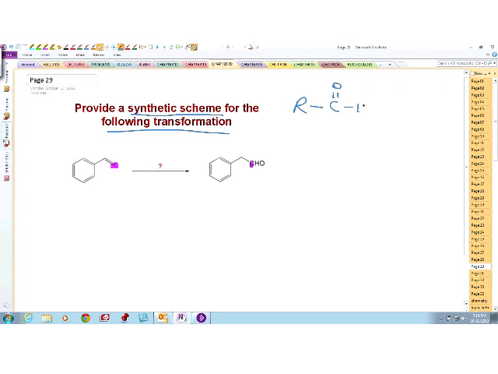For us to do that, there is no reaction and no reagent that will allow us to take a carbon-carbon double bond directly to here. But we do know how to make an aldehyde from an alkyne. So what do I do? How do you make an alkyne from an alkane?